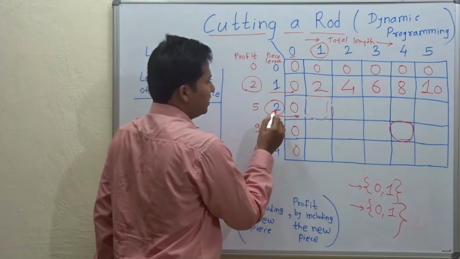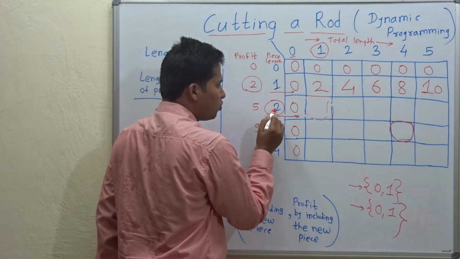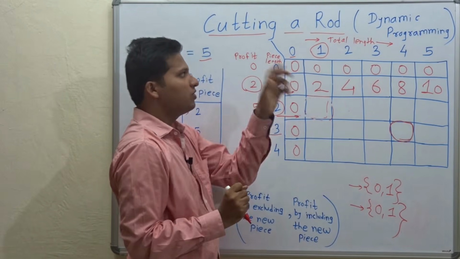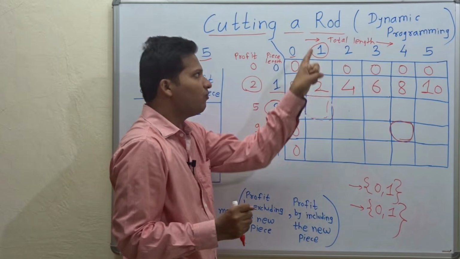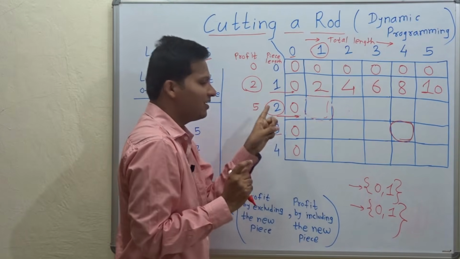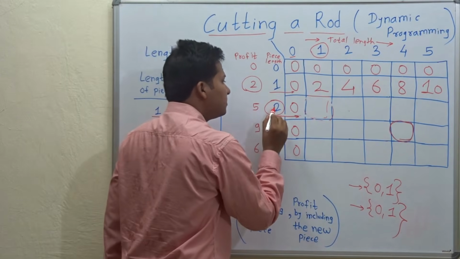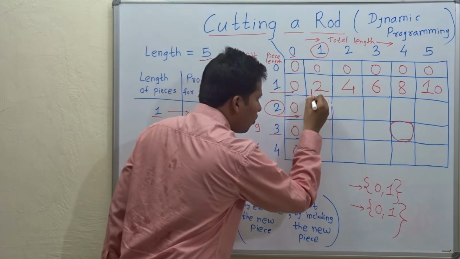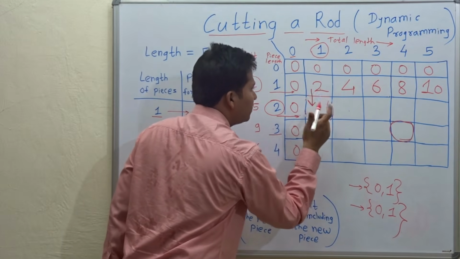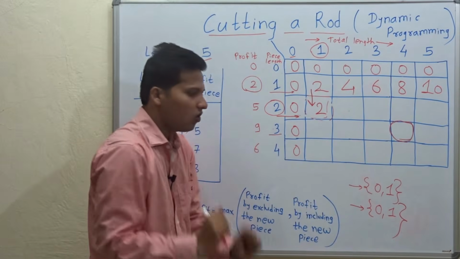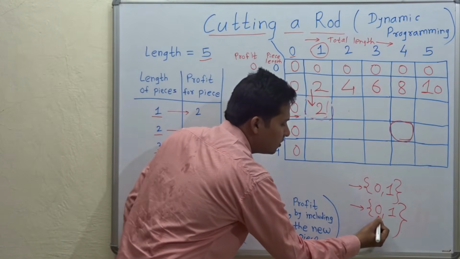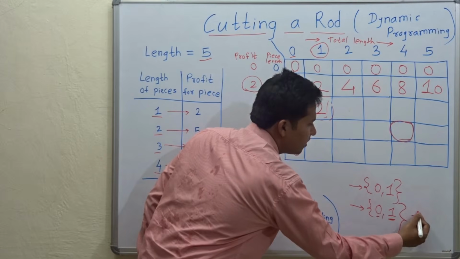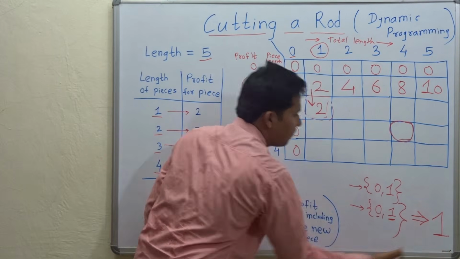When 2 is not useful, this 2 is not useful to make a rod of 1, or you cannot divide the rod of length 1 into a piece of length 2. So as the new piece is not going to affect the profit, we are going to copy the profit from the above cell directly here, because this is the same as being allowed to use the pieces of length 0 and 1 to make a total length of 1.